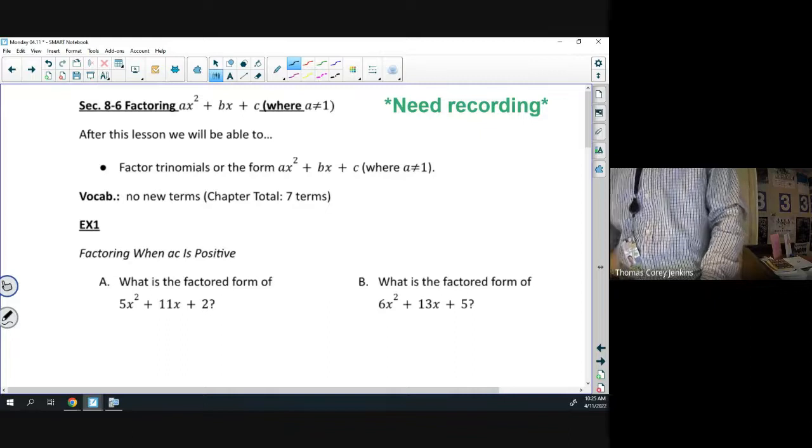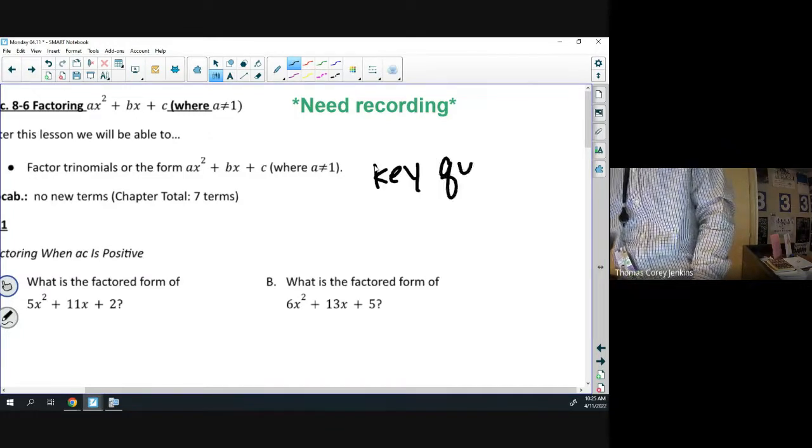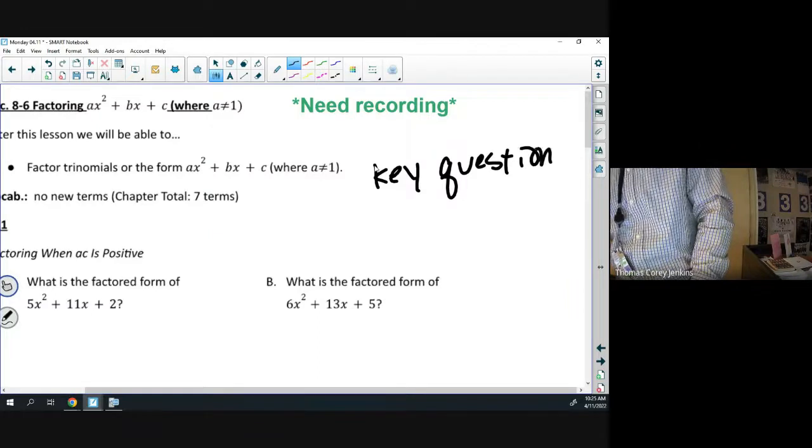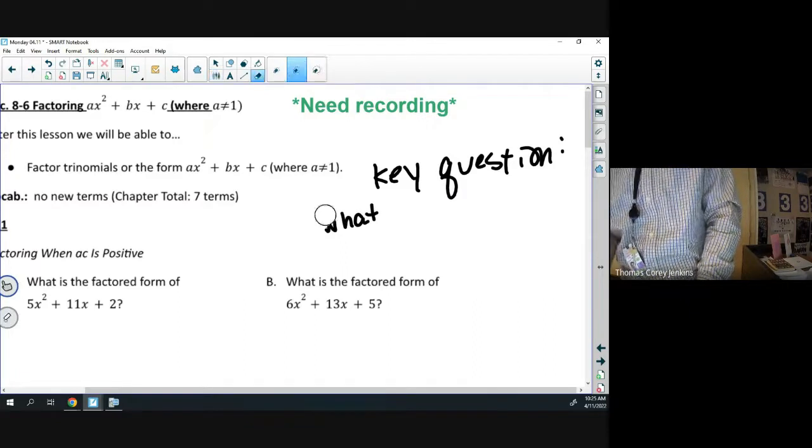We look at this. Okay, so we want to know, and I would maybe write this out. This is our key question. Actually, let me write that a little bit simpler.